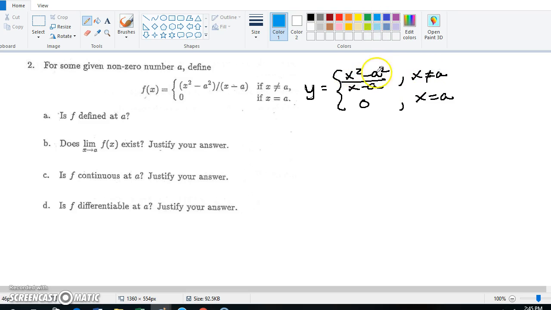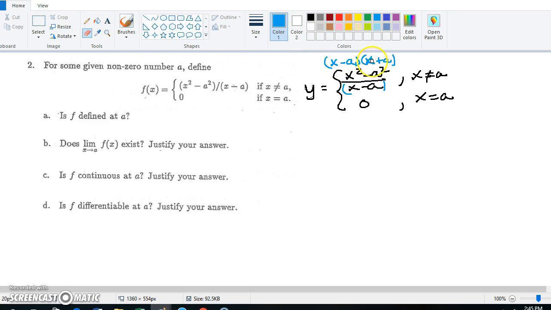All right, let's re-express this first piece. The numerator can be factored. Remember, whenever you see a rational function, it is in your best interest to factor to find out what's going on. So we have x minus a times x plus a over x minus a.